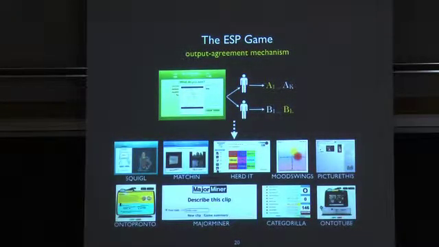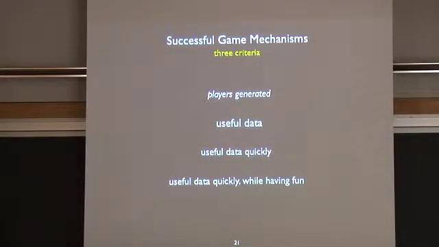I can probably name 10 to 20 games that use the same kind of game mechanism for different types of things, for images, for music, for knowledge extraction, and so on. The ESP game, I think, was very successful because people were able to generate useful data. They were able to do it quickly, and they were doing it quickly while having fun.